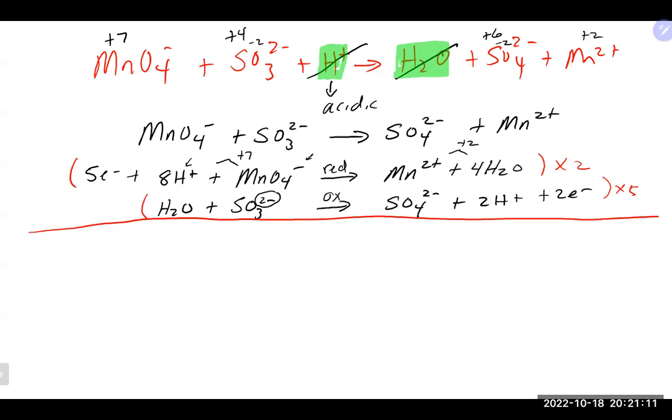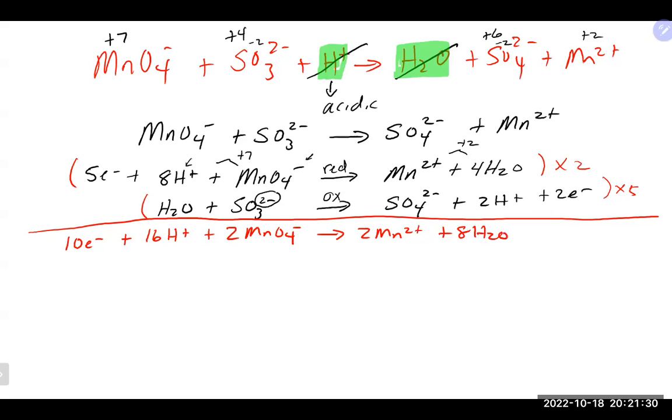So top one multiplying the 2 to everybody gives us 10 electrons plus 16 H pluses plus 2 of the MnO4 minus gives me 2 of the Mn2 plus and 8 waters.